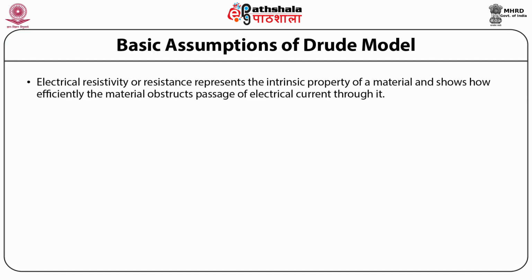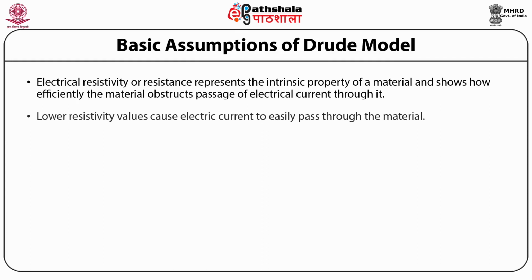Electrical resistivity represents the intrinsic property of a material and shows how efficiently the material obstructs the passage of electron current through it. Lower resistivity values cause electrical current to pass easily through the material. It is represented by the letter rho and has SI unit ohm meter.